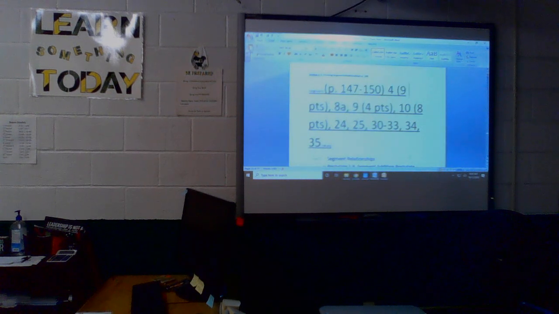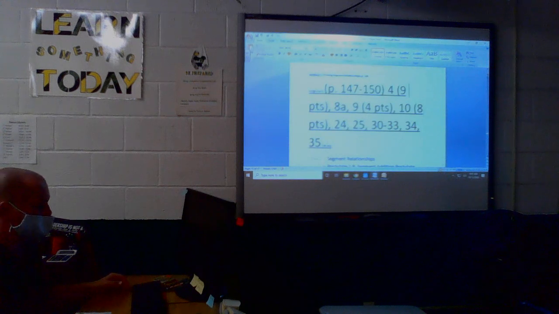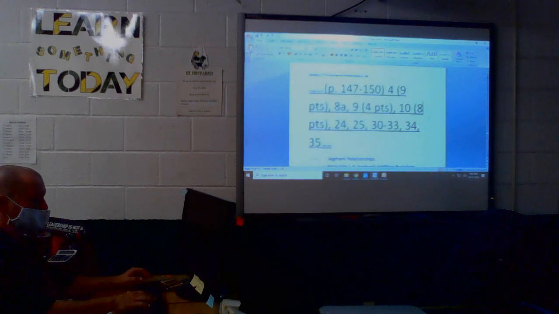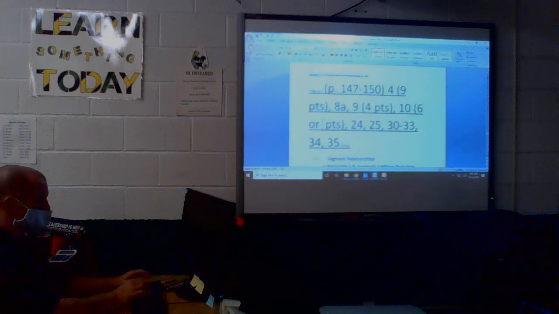Number 9 is pretty short and simple. Number 10, I think you can get by with 6 steps instead of 8. Sorry, 6 or 7, depending if you combine these. So this would be 6 or 7 points instead.